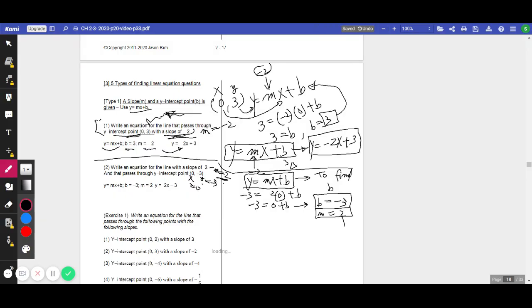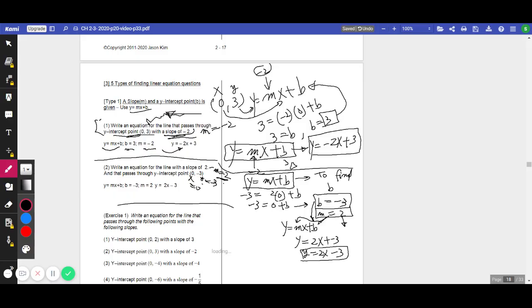So you rewrite the equation in the format of y equals mx plus b, replacing b as -3 and m as 2. So the equation of the line that passes through this condition becomes y equals 2x plus -3, or y equals 2x minus 3.